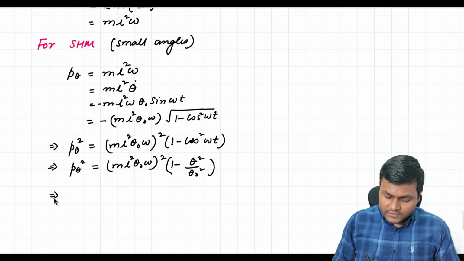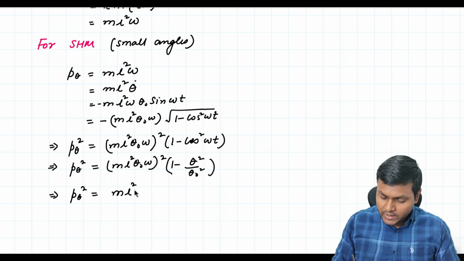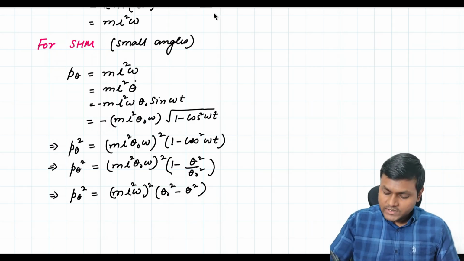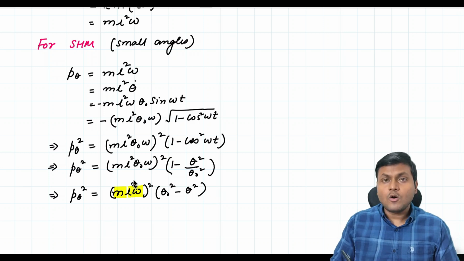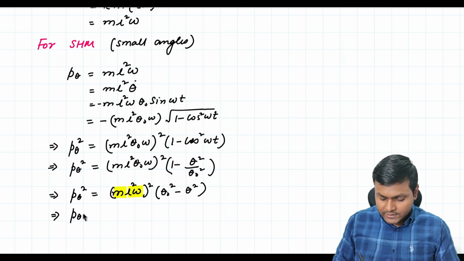This I can further simplify by writing p theta square is equal to m L square omega whole square. If I take theta naught square inside, this becomes theta naught square minus theta square. Now what are m, L and omega? They are all constants of motion for this particular situation. So I can simply write this as some constant c, times theta naught square minus theta square.